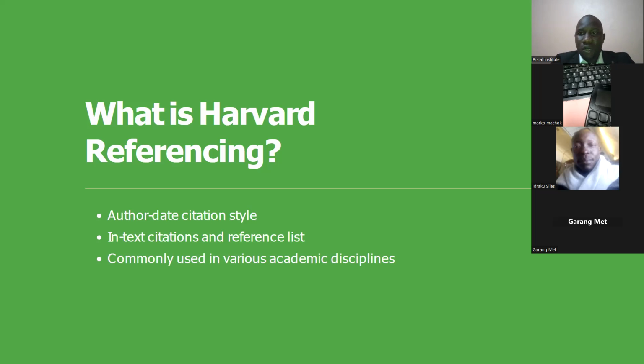So for those of you who are public health professionals and who may be interested in working with WHO, you just need to know that WHO has its own unique referencing style that is also different from the usual referencing style. So usually, different institutions adopt different referencing styles, but others actually focus more on modifying the existing referencing style. Others just adopt other formats wholesomely without making adaptations or changes.